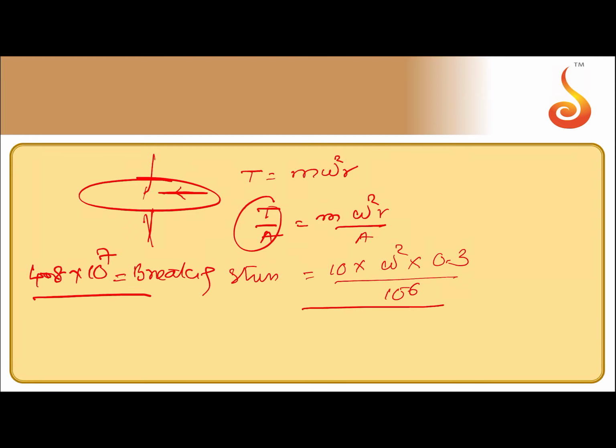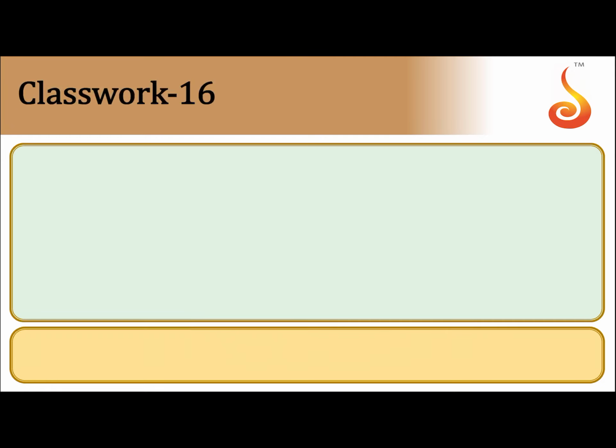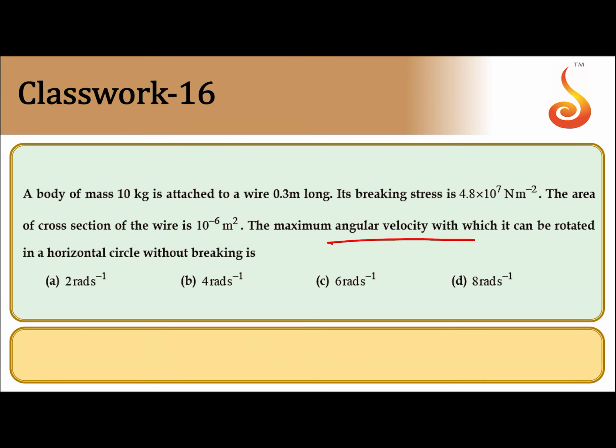So I can equate these two and find the value of omega square, and that gives us the value of omega eventually, which is 4 radian per second. So the maximum angular velocity with which the system can be rotated without breaking is 4 radian per second.